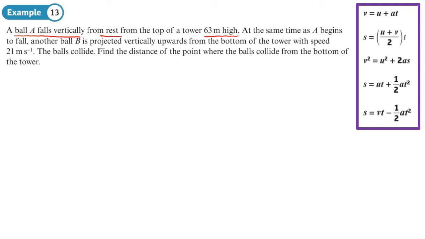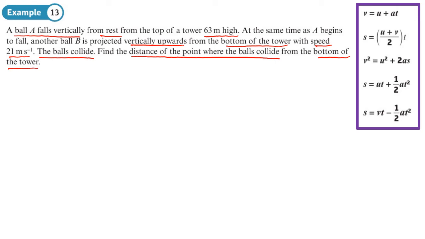At the same time as A begins to fall, another ball is projected vertically upwards from the bottom of the tower with speed 21 meters per second. The balls collide. Okay, so one's going up, one's going down. Find the distance where the 2 balls collide, point of collision, from the bottom of the tower.